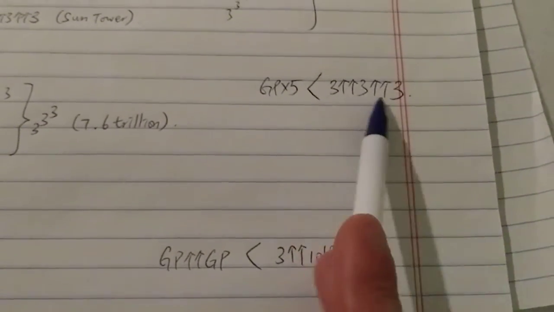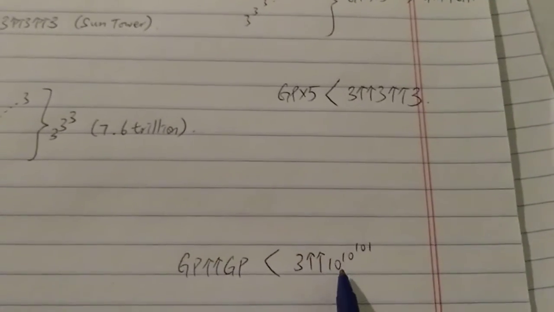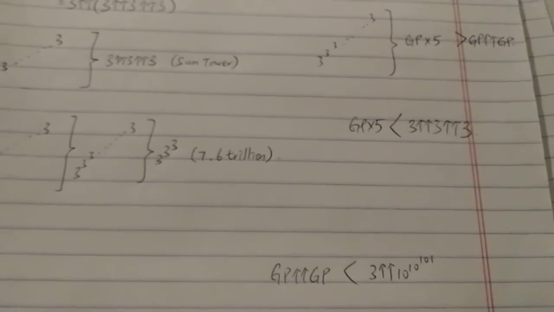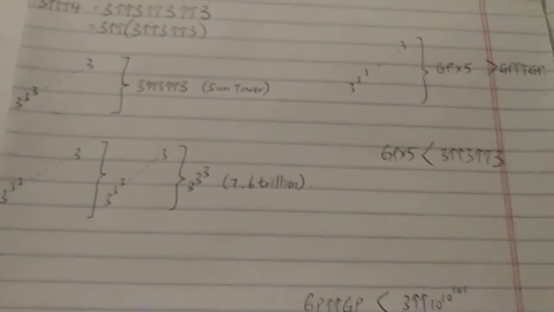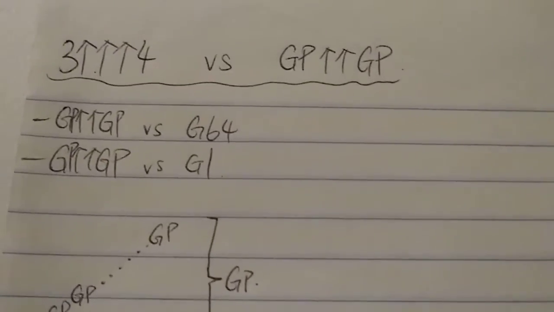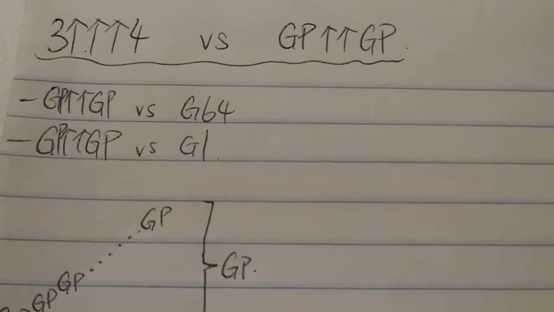This is the Sun Tower, so of course the Sun Tower is way bigger than 10 to the 10 to the 101. And there you have it. It's not even close. 3 triple arrow 4 is way bigger than a Googolplex double arrow Googolplex.